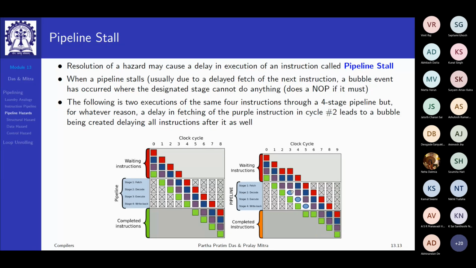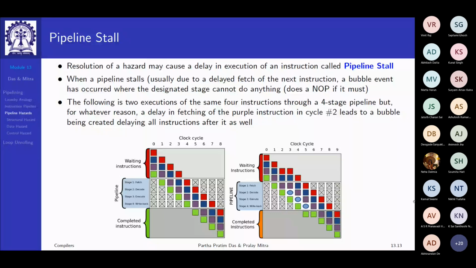So you can conceive this as a no operation instruction, or as it is often called, a bubble. As if bubbles are coming up where you are doing nothing. And that has a propagating effect. Since you could not do this decode on time, you cannot do the execute on time, you cannot do the write back on time. So you can see that the entire pipeline is now getting delayed.